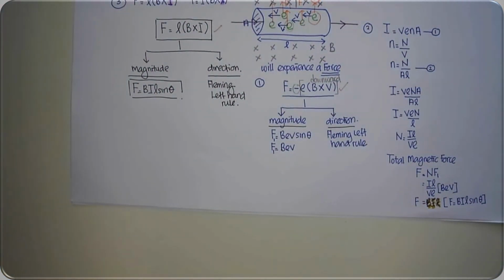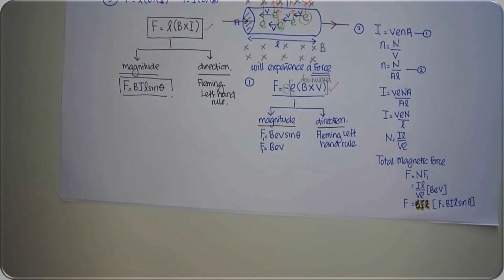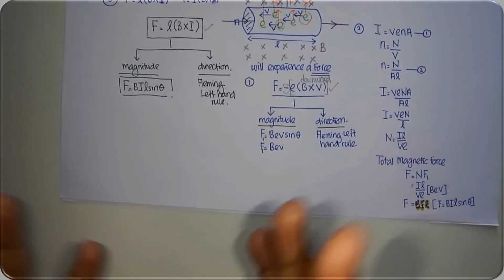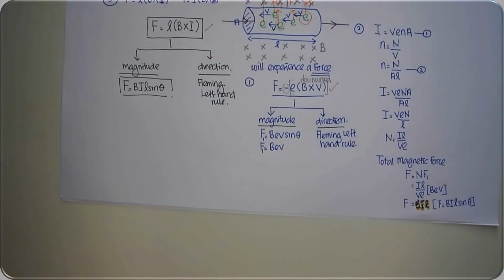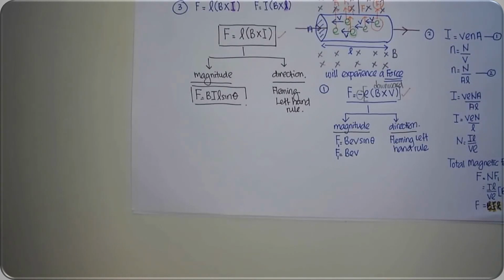If the question is about a moving charge, you have to use F equals QVB. But if it is about a current carrying conductor, you have to use F equals BIL. Thank you, class.